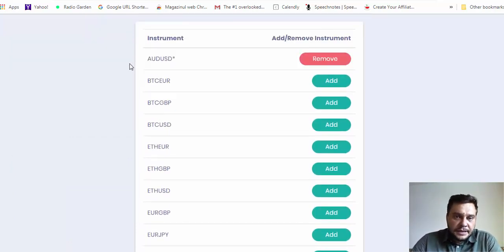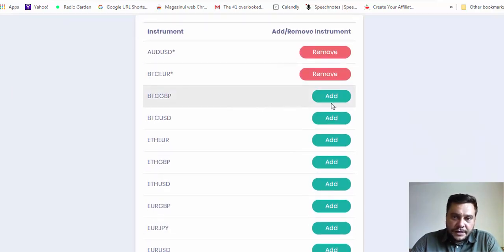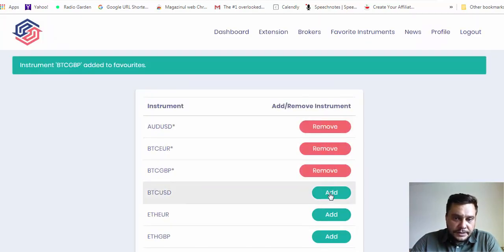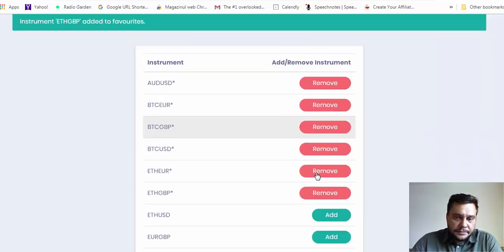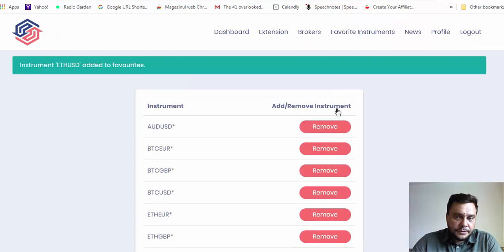Let's add all the instruments to the favorites: Bitcoin GBP, Bitcoin USD, Ethereum USD, Ethereum GBP, and the last one.